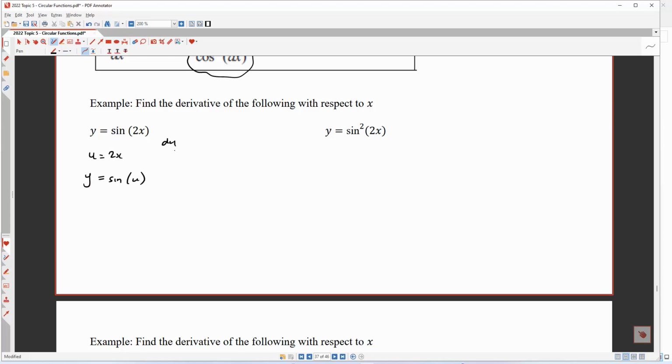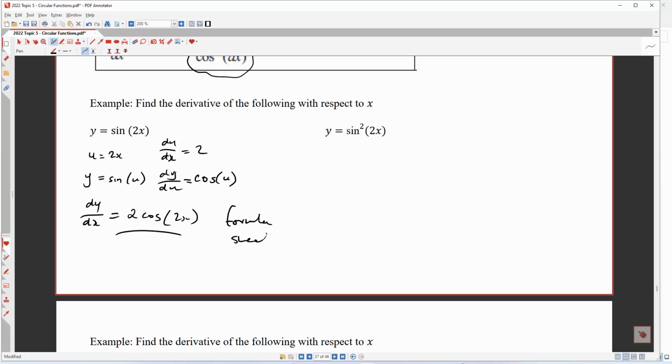All right, du dx is 2, dy du is equal to, now the derivative of sine is just cos, so cosine of u, that multiplied by that with the u sub, that means dy dx equals 2 cosine 2x. Okay, so there it is with the chain rule, but you should be comfortable just using the formula sheet.